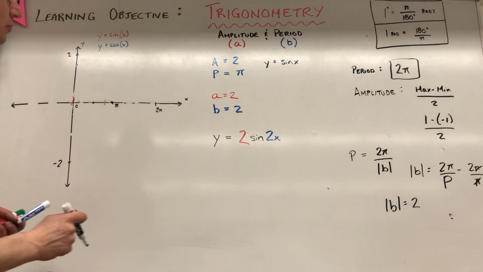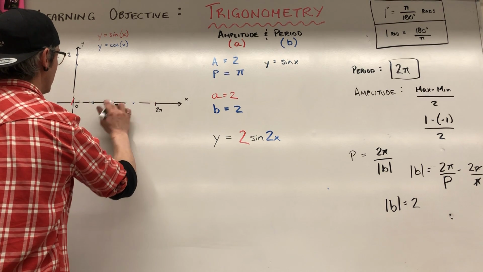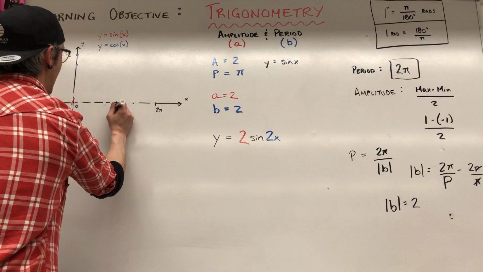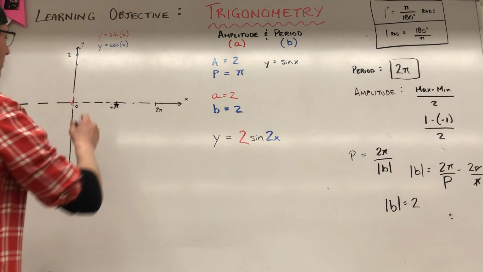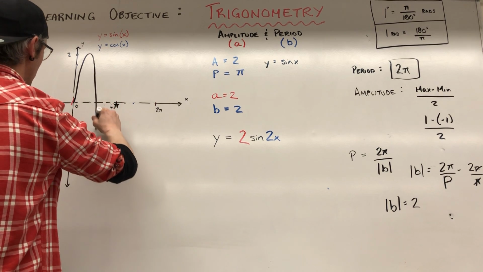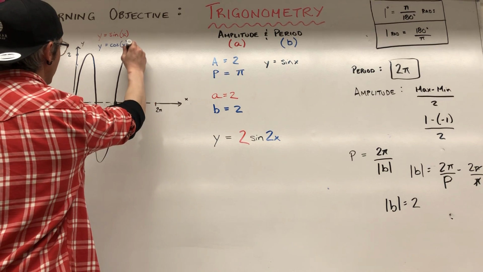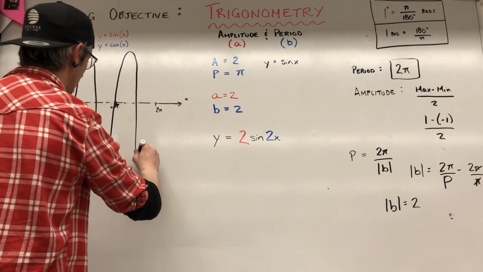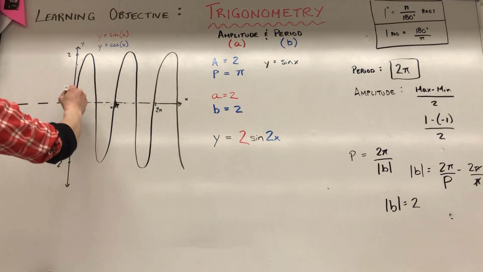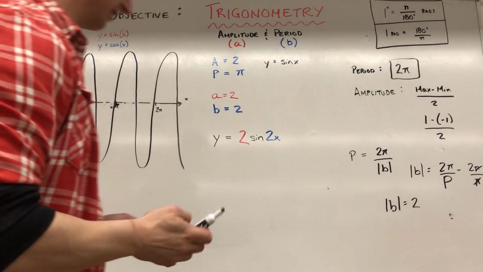And it's going to have a period of pi, so it's going to make a full rotation by the time it hits pi. It's going to have a full cycle by the time it hits the halfway point to 2 pi. So it's going to go up, then it's going to come down all the way to -2, and it's going to come right back there. And it's just going to keep doing that cycle forever and ever on both sides, right? So that's what that looks like.